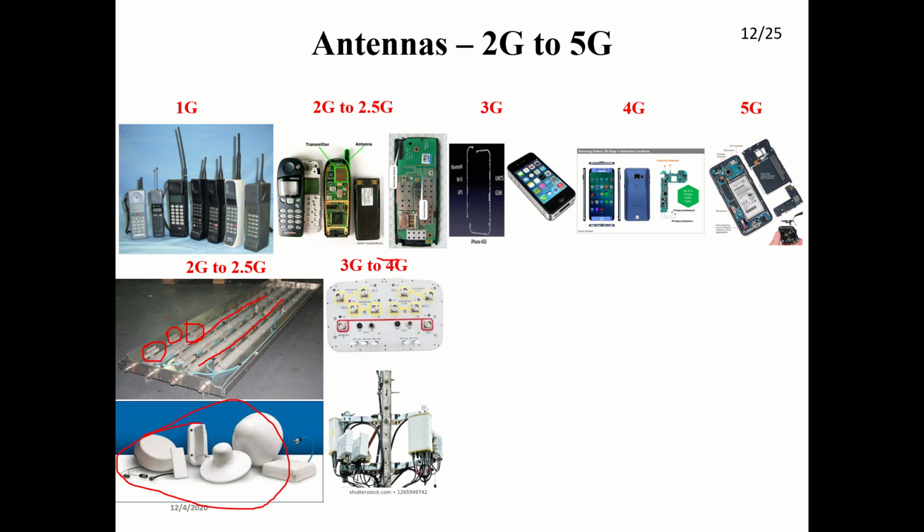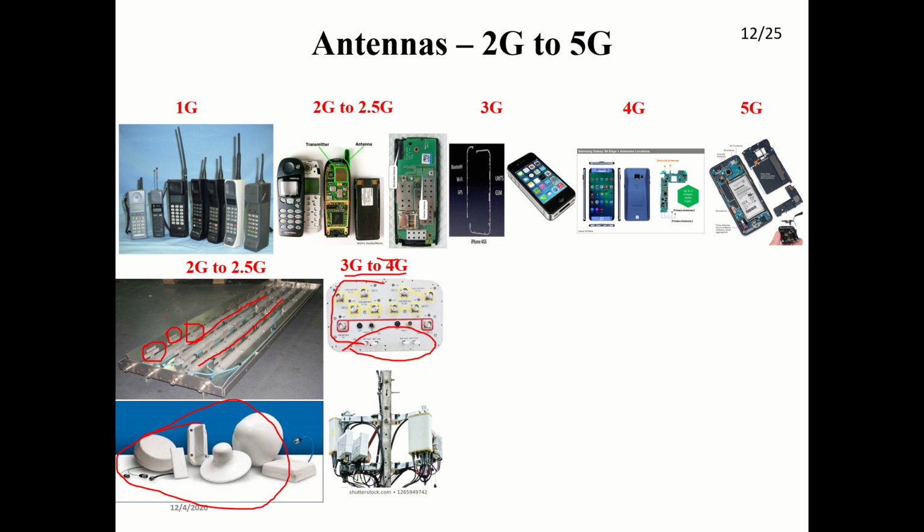Then for 3G and 4G they made tilting units, electrical tilt units, because electrically you can tilt the antenna beam remotely. So you have to have electrical tilt unit support for 3 bands and 3 antennas.